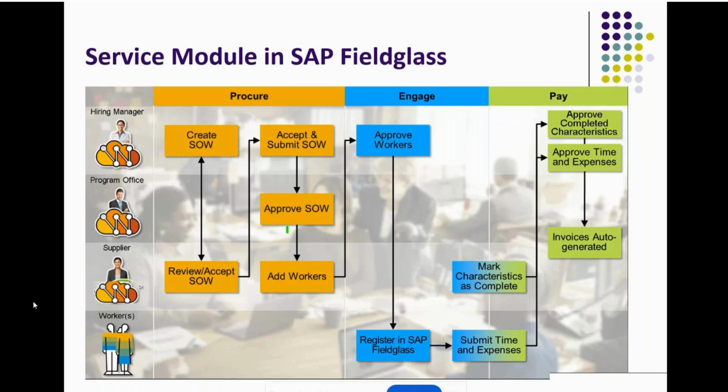Once that is done, pay is nothing but payback from buyer to supplier or worker accordingly, based on their timesheets and expense sheets. Any doubt in this process? This is the simplest process, and I hope it is clear. But if there are any doubts, you can ask.